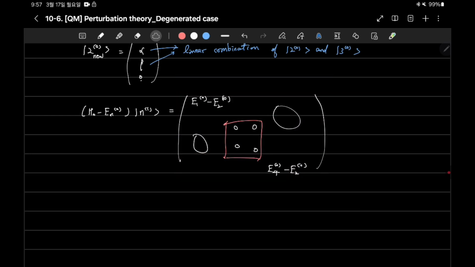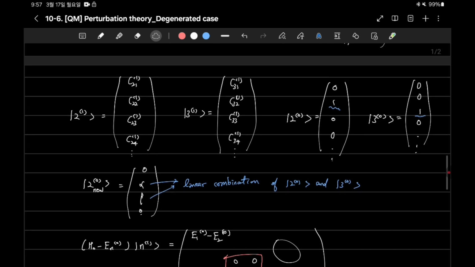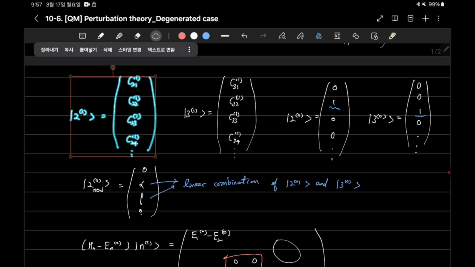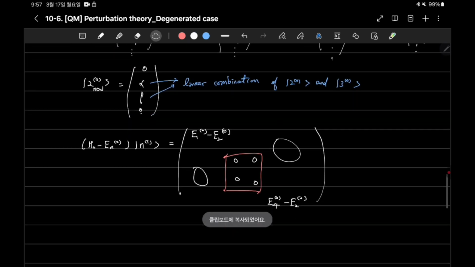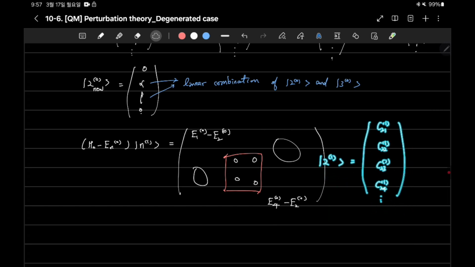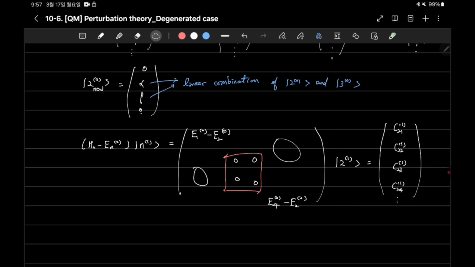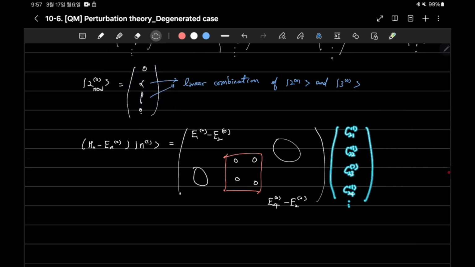And in general the first order energy state is here, because we only consider n equal to, I'm sorry, it needs to be this kind of matrix.